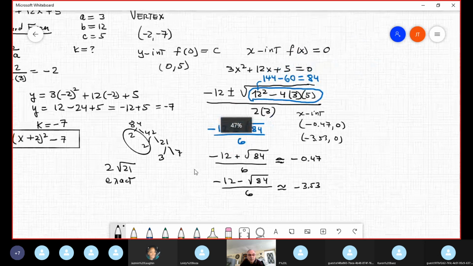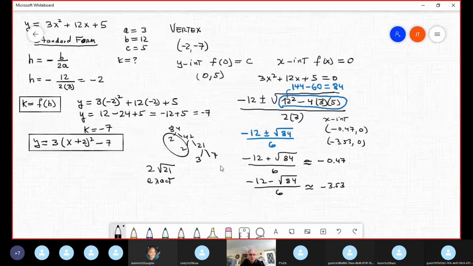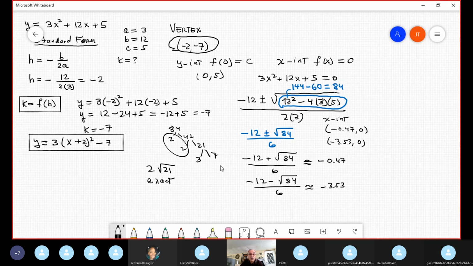Okay, so how many points do I have in total right now? Well, we have a vertex, no? Yes, we have a vertex, look at that. We have the y-intercept, look at that. We have two x-intercepts, similar to another problem. Entonces the rest we can use the axis of symmetry to find the rest of the points.